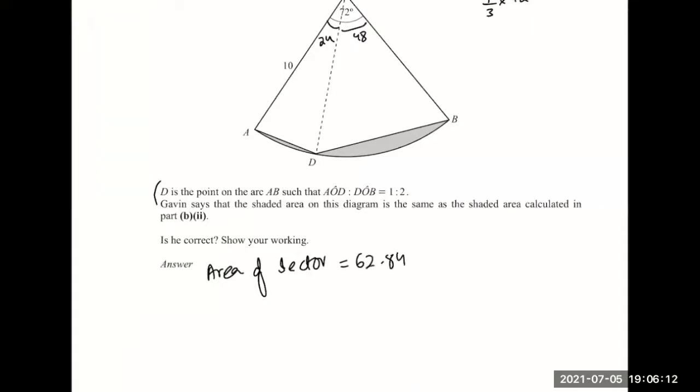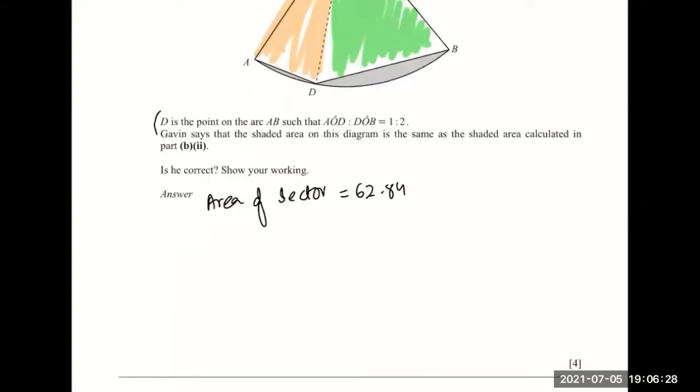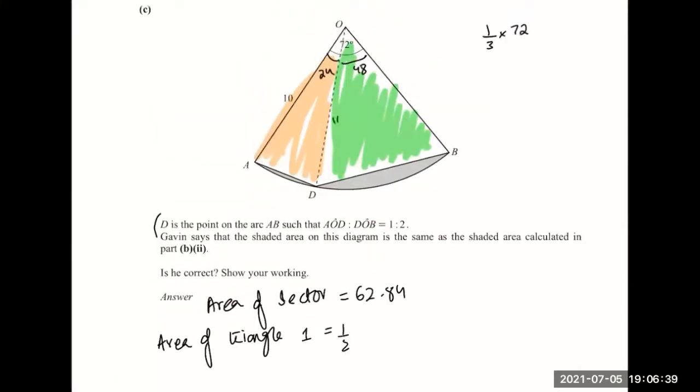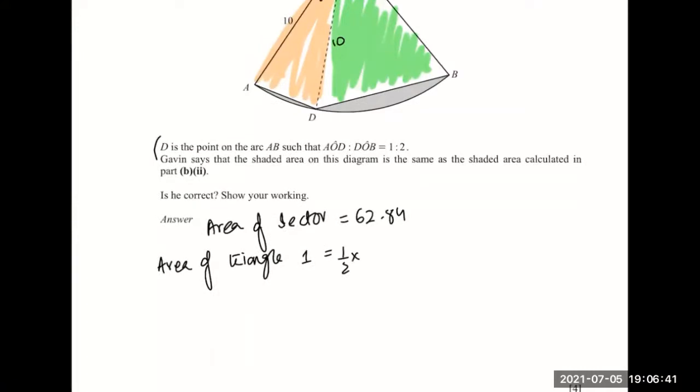What has changed is the triangles that I had. Triangle 1 and triangle 2. These are the ones that have changed. One has grown while the other has shrunk. So I'm going to say area of triangle 1 is half. I still have the same sides, 10 by 10, but I have a different angle to work with.